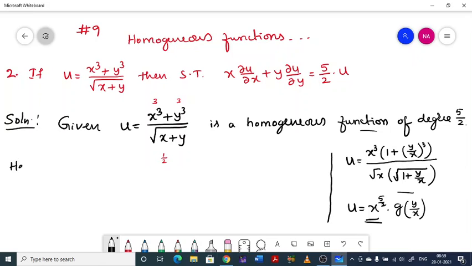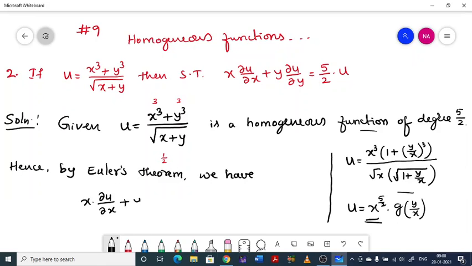Hence by Euler's theorem, we have x into dou u by dou x plus y into dou u by dou y equals n u.